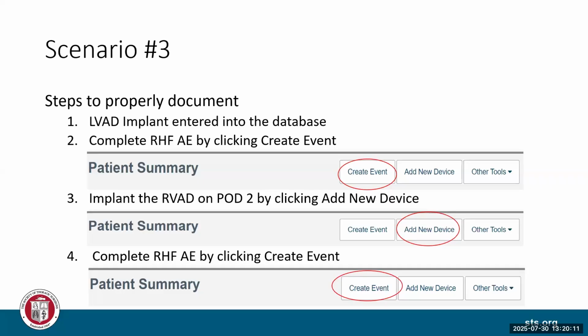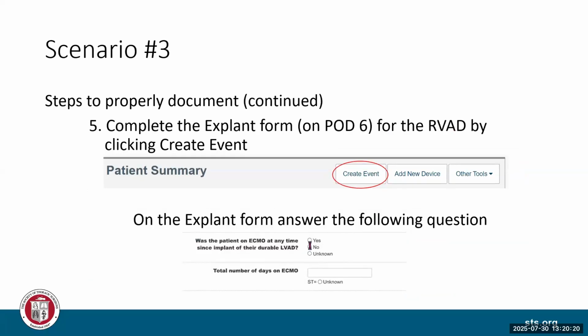You will implant the RVAD on post-op day 2 when the oxygenator was turned off, completing a right heart failure event. And then you'll complete the explant form on post-op day 6 for the RVAD being decannulated. And it never went back on an oxygenator, so there's no days of ECMO to capture.